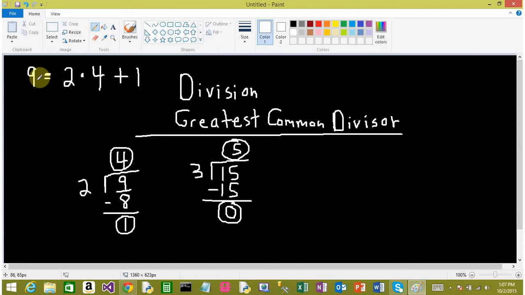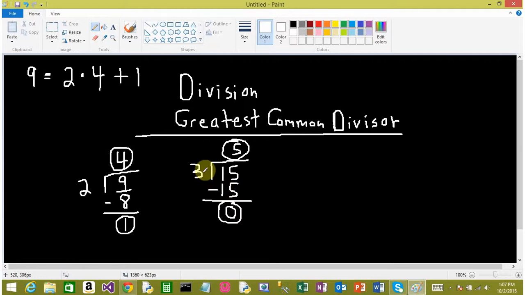So dividend equals divisor times the quotient plus the remainder. And that's the formula that we have right here. So 2 times 4 is 8, plus 1 equals 9. And so that is true.